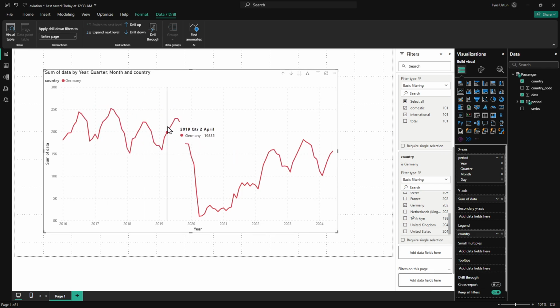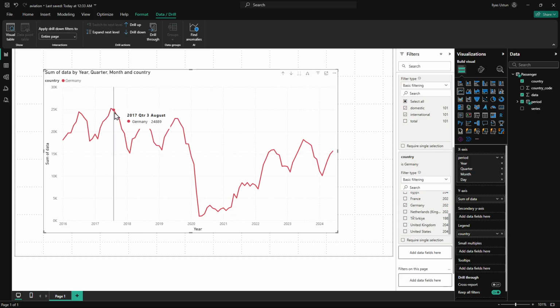This line is the total of domestic and international flights. In the filter I wanted to see domestic and international, but I don't see two lines because the two lines were based on the color, and now I color based on the country, and I selected Germany. So this line is the sum of domestic plus international in that month.